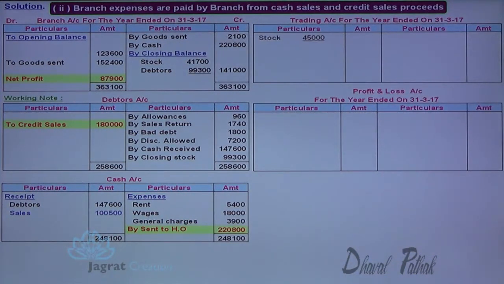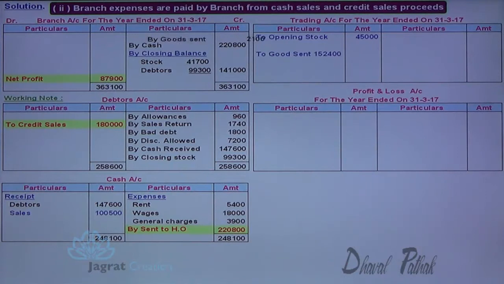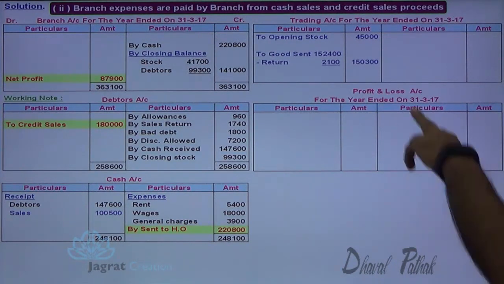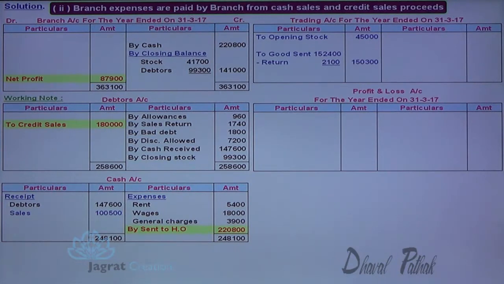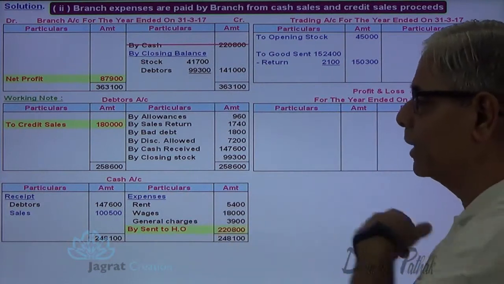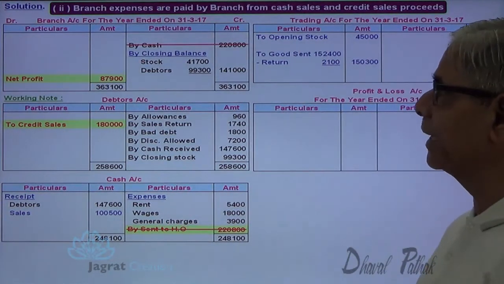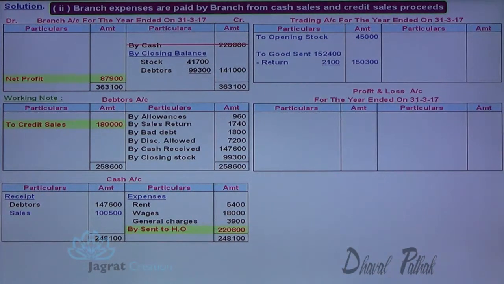Opening stock, trading account debit side. Goods sent is like purchases, so trading account debit side. Goods returned are deducted from goods sent. So these are the net goods sent for sale to the branch. This cash remittance is a part of the cash book, and cannot be recorded in this trading and profit and loss account. Closing stock will appear on the credit side of the trading account.